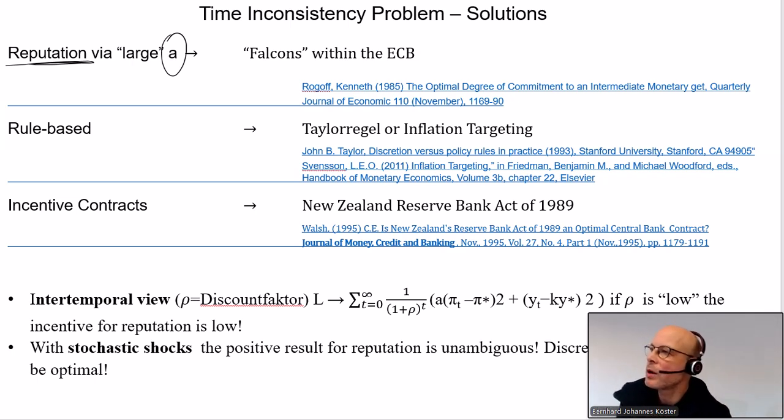Or what we have also done, especially after the financial crisis, where we had this very high volatility in the economic markets, is that we announce a quite strong rule-based monetary policy. So that we more or less announce, well, we are following a Taylor rule.